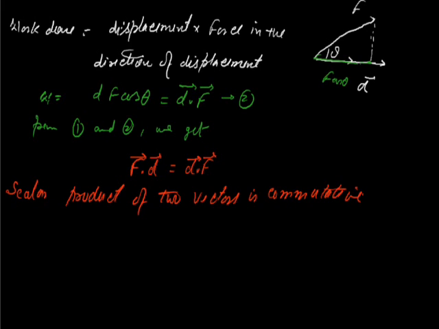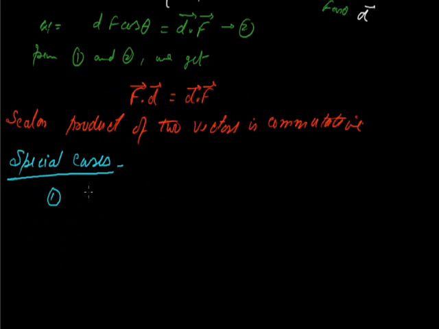Now some special cases. Number one is scalar product of two parallel vectors.